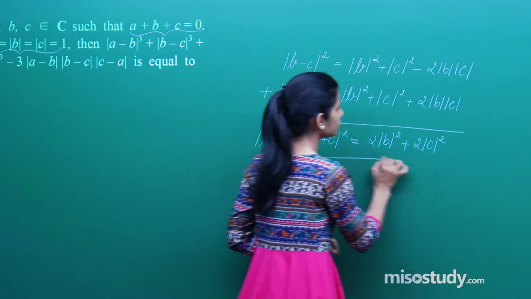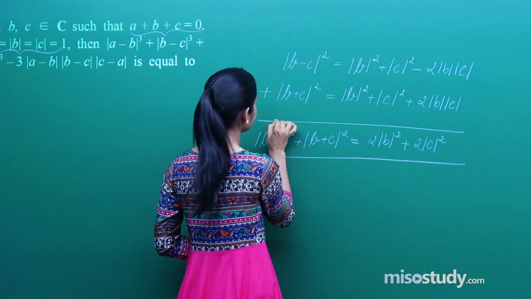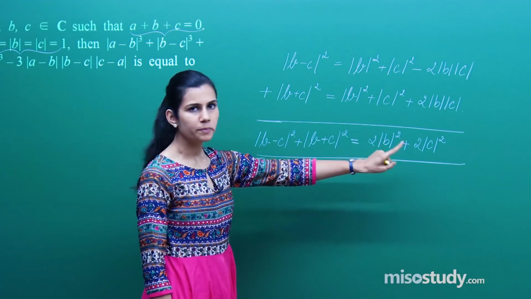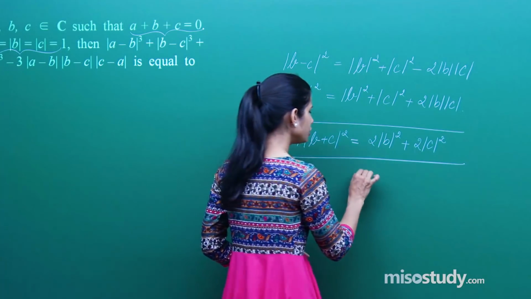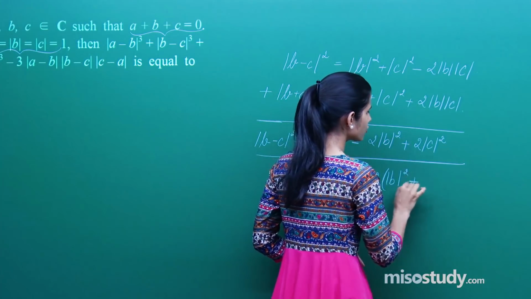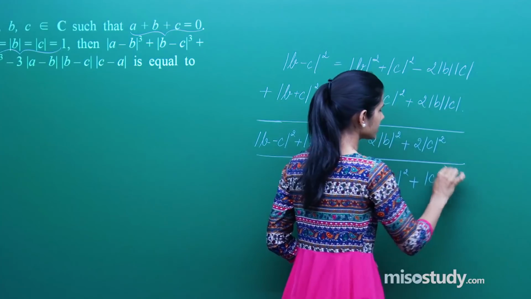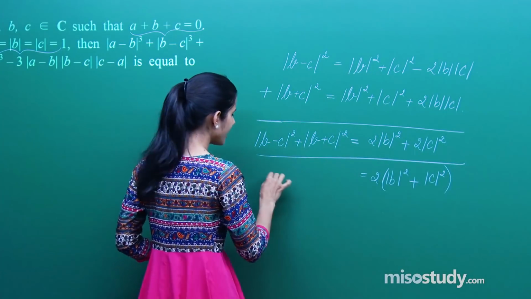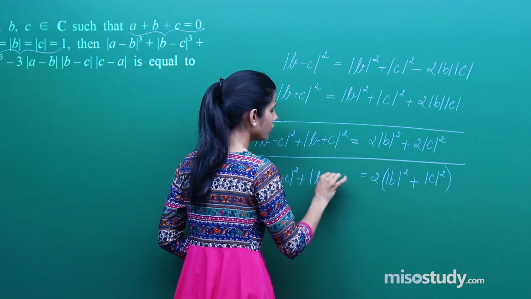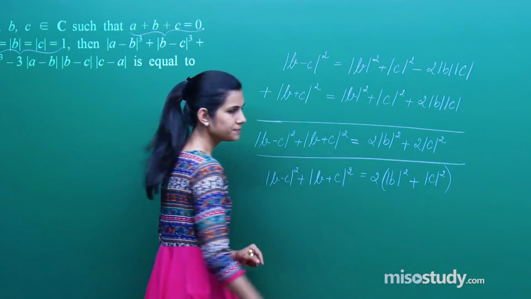So this is what you actually have. Now if you focus upon this obtained expression, I can write this as twice of mod B square plus mod C square, and here I have mod of B minus C whole square plus mod of B plus C whole square.